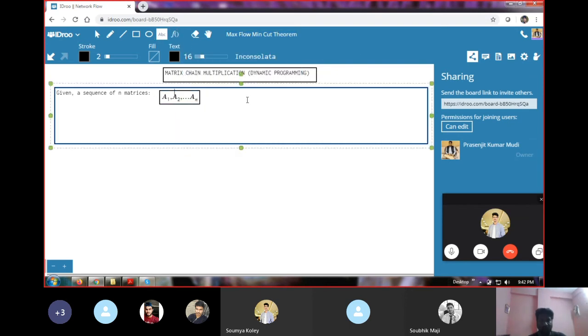To compute a matrix product like this, where we have A1 dot operator into A2 dot AN.